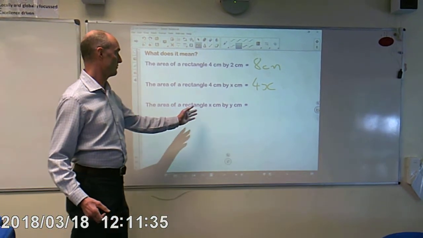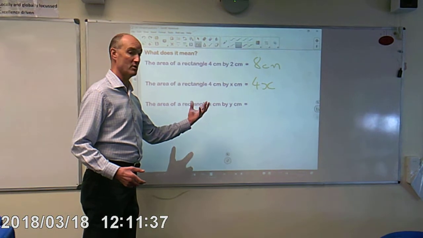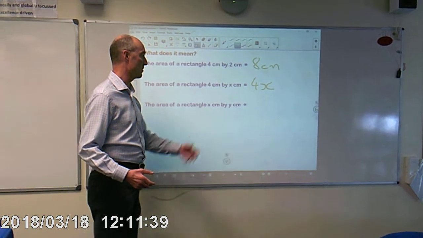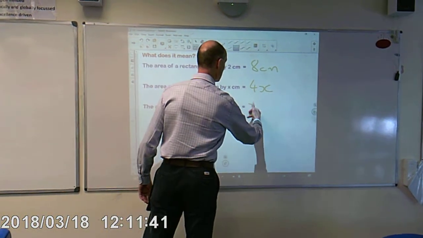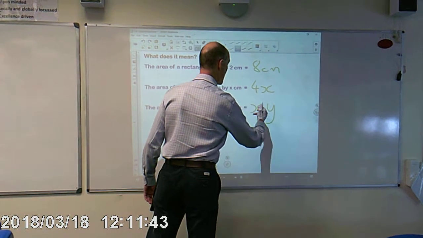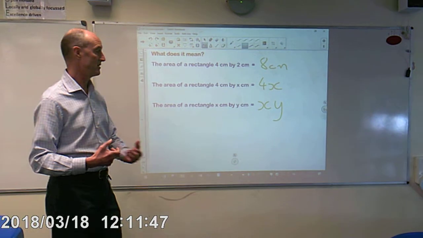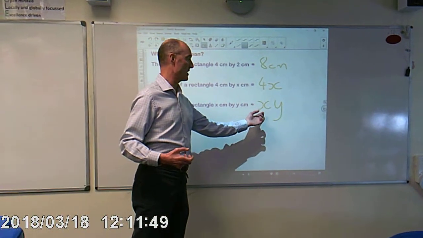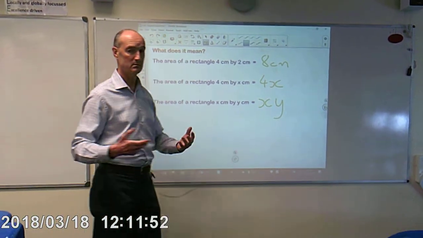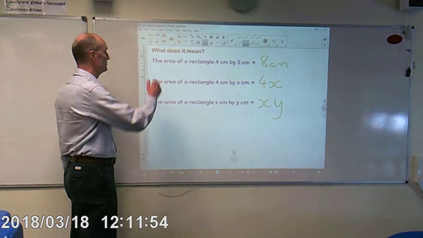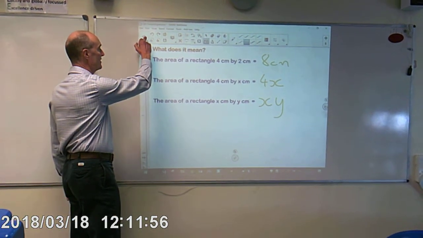You've got a rectangle with sides x centimetres by y centimetres. The area of the rectangle is going to be x times y. The two variables written next to each other shows you that that is x times the y. That's going to be the area of the rectangle. Simple use of algebra.